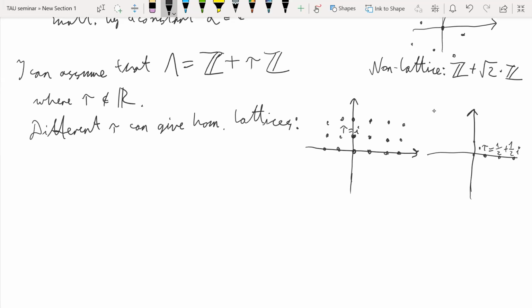So what I am going to get is pretty much the same lattice as above, but we are also going to throw in centers of every square in this lattice. So it may look like a different lattice from this one, but up to homothety, they are exactly the same, because if we rotate this lattice by 45 degrees and scale by a factor of √2, then we are going to get the same lattice.